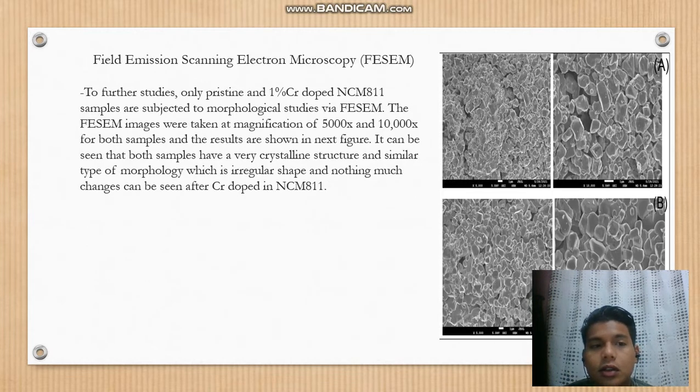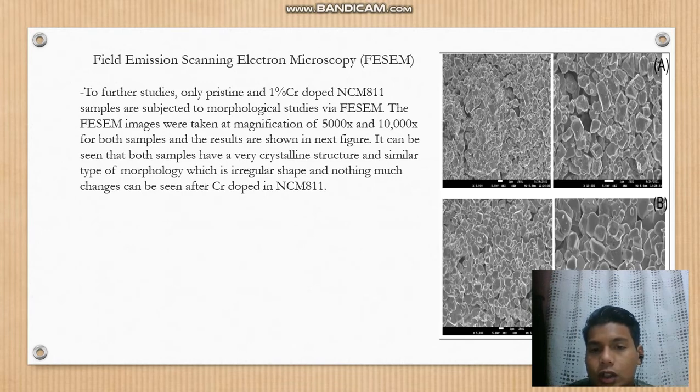Next is the Field Emission Scanning Electron Microscopy, FESEM. For further studies, only pristine and 1% chromium dope NCM811 samples are subject to morphological studies via FESEM, due to the positive result that the 1% chromium dope showed in NCM811.